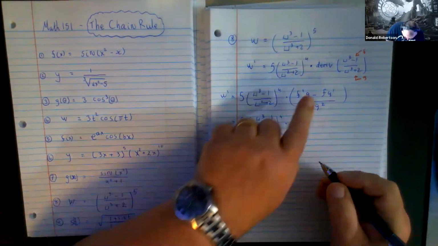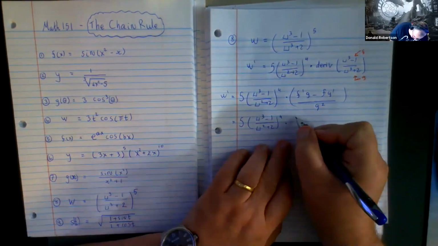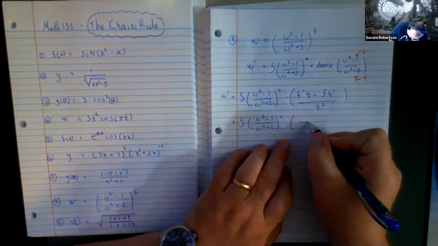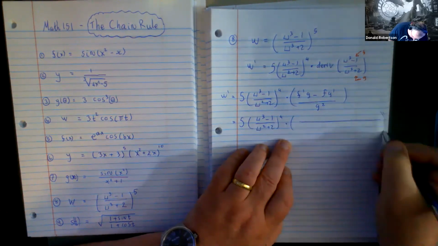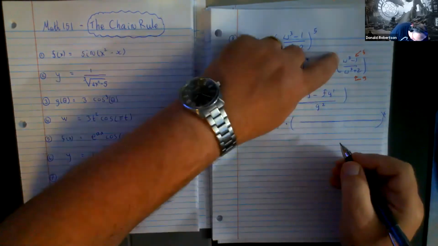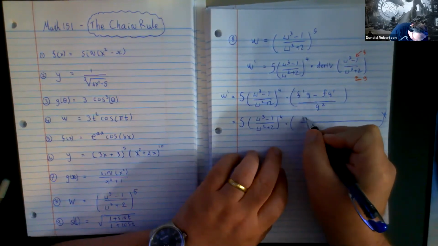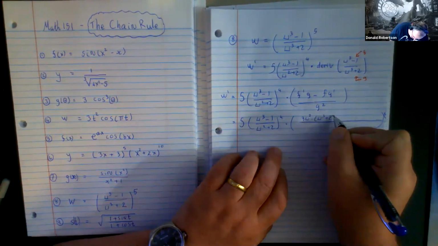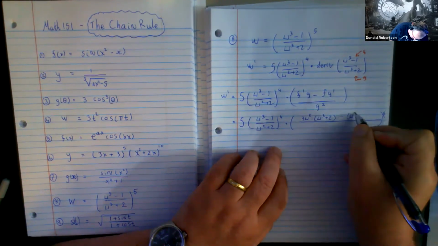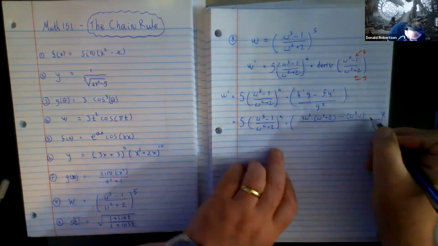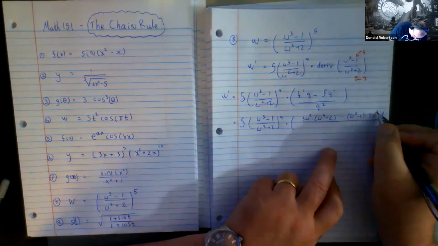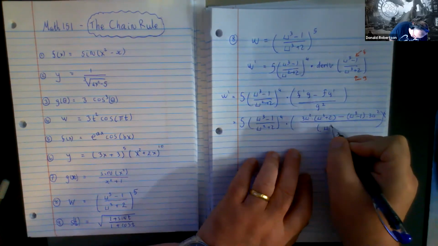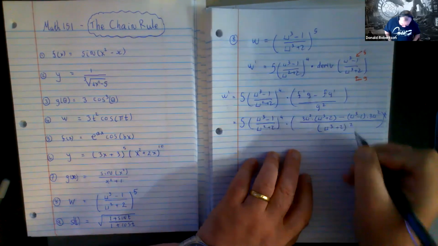Okay, top guy's derivative. Let's see what we get. Top guy's derivative is 3u squared times the untouched g minus, leave the top alone and differentiate the bottom, and the whole thing on the bottom gets squared.